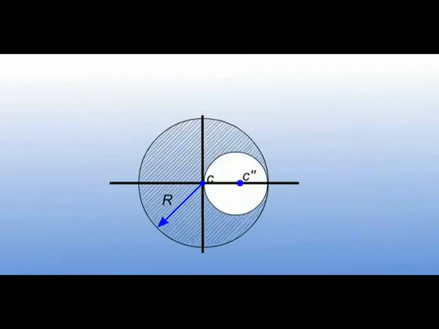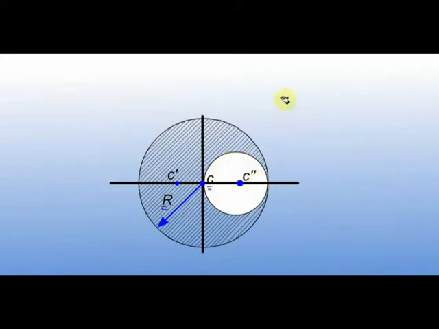Now let's see one more solved example. Suppose there is a circular disk of mass m. The radius of the circular disk is r and the center of the disk is at C. Now a hole of radius r by 2 has been punched.